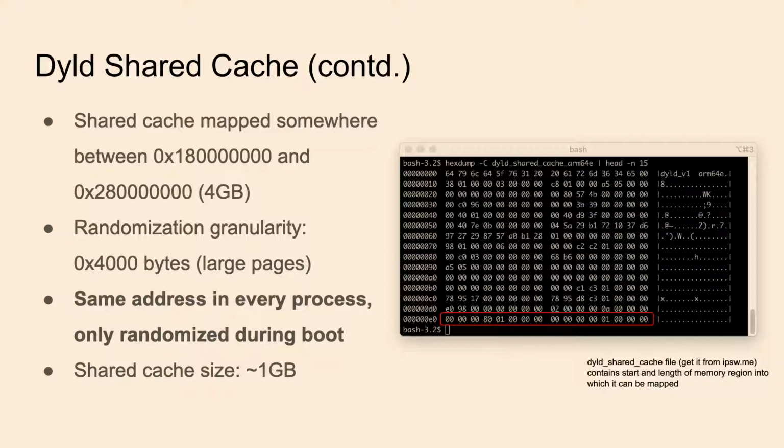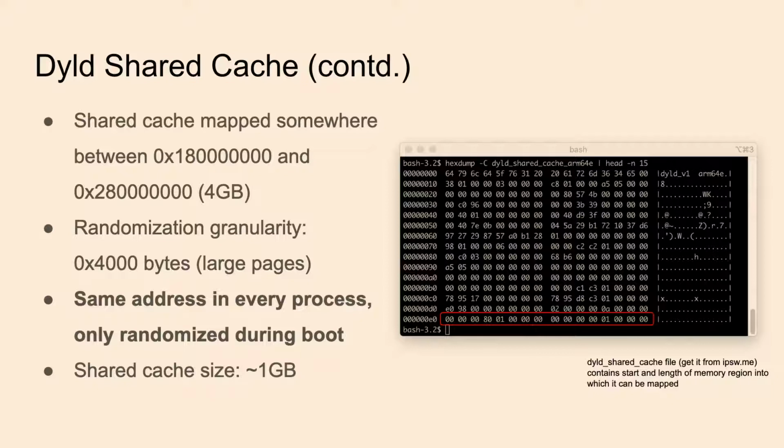But really what's most interesting is that on the same device, the DYLD shared cache is only randomized once per boot. So if you have 2 different processes on the same device, the shared cache is at the same virtual address. And if you have one process and it crashes and you have another one and so on, the shared cache is always going to be at the same address.